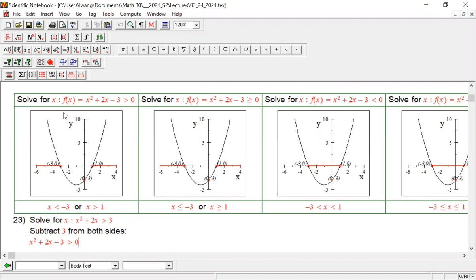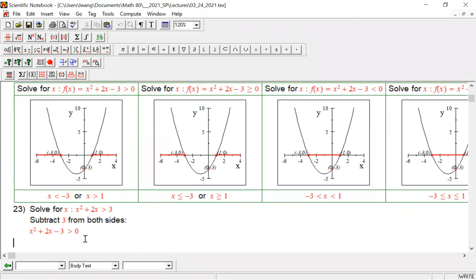So this question in disguise is number 23. Of course, this is just one form of disguise. You can have different disguises. The solution will be the same as number 19.